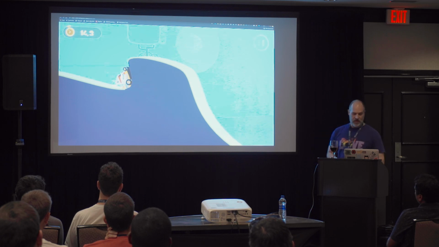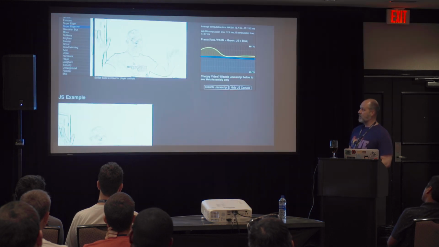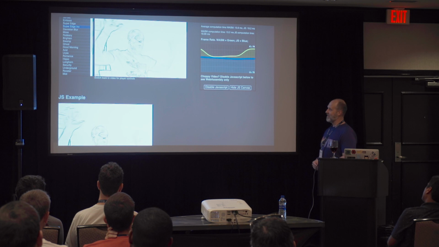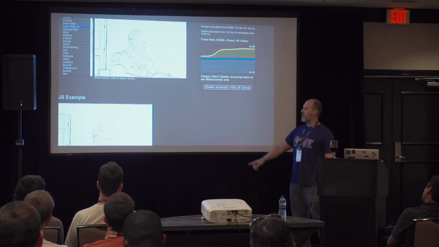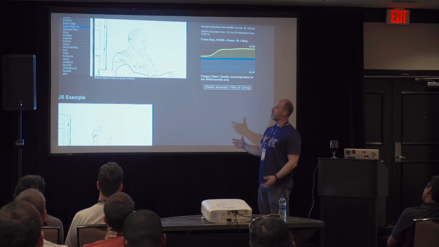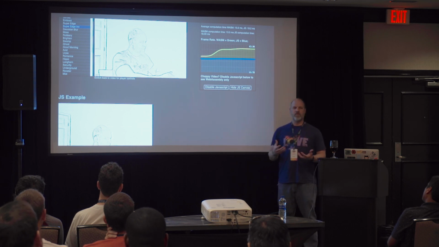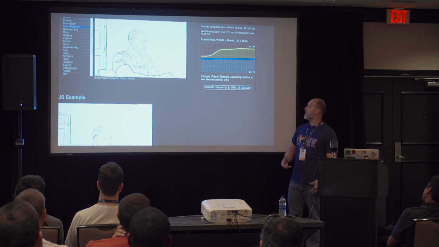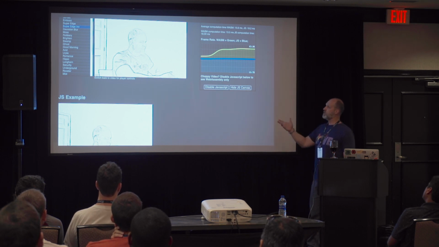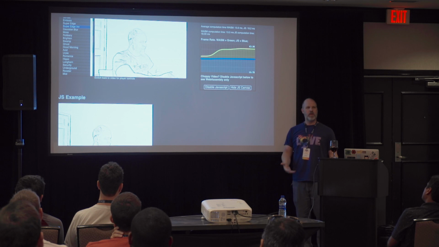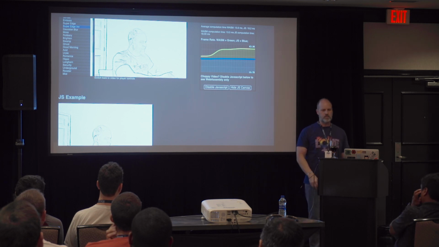And I found this goofball to dance for us. But in the top, you can see that's WebAssembly. The bottom was JavaScript. And it's embossing that video from my camera in real time. And you can see how much better the performance was with WebAssembly. So this was a use case where WebAssembly outperformed JavaScript.